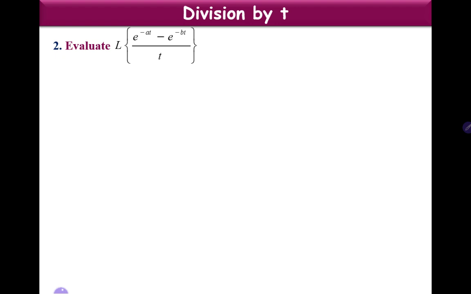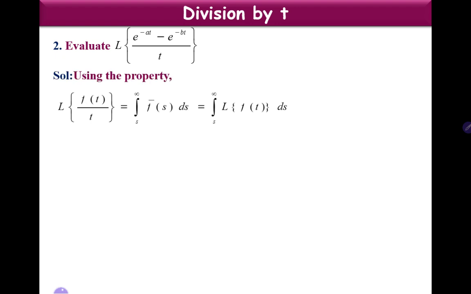Evaluate L of e power minus at minus e power minus bt by t. So, again we apply the same property. L of f of t by t is equal to integral s to infinity L of f of t ds. Now, in place of f of t, here we take e power minus at minus e power minus bt.